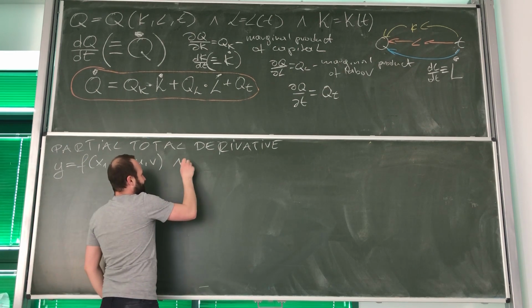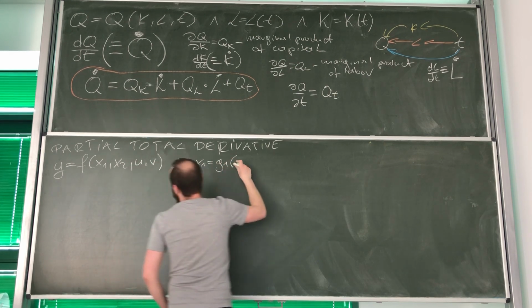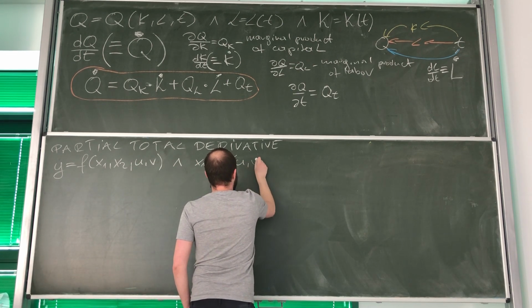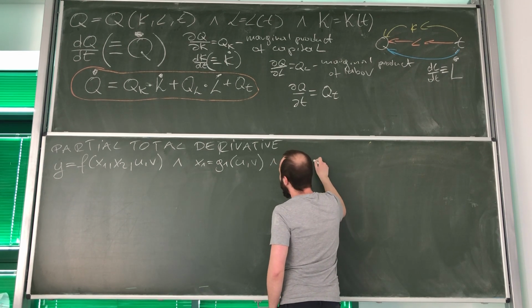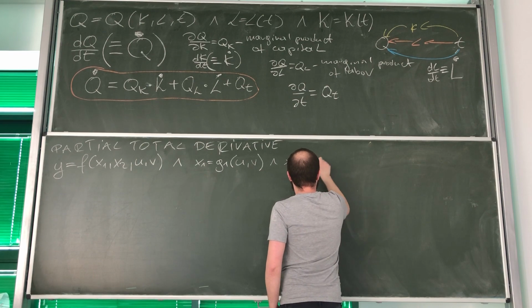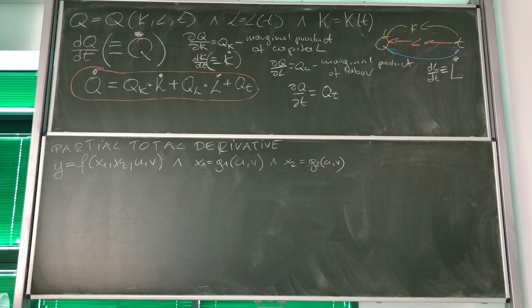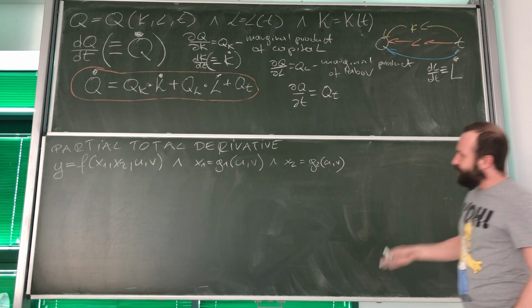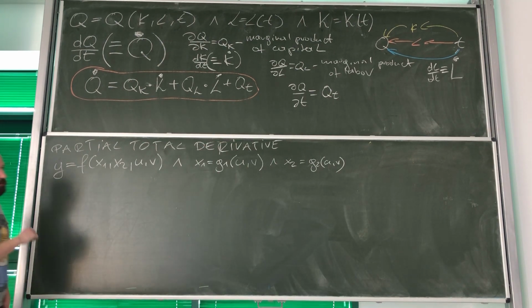Let's just say that x1 is some function of u and v, and x2 is some function of u and v. Okay, again, what we need to do is to draw a channel map. However, I hope you can see right away that over here we will have 2 different sources of change.